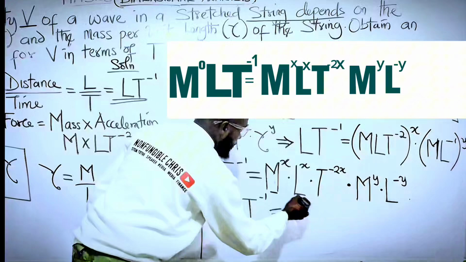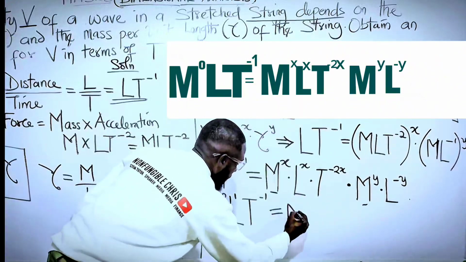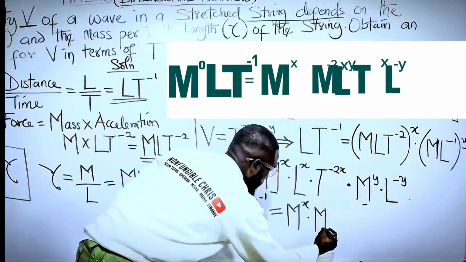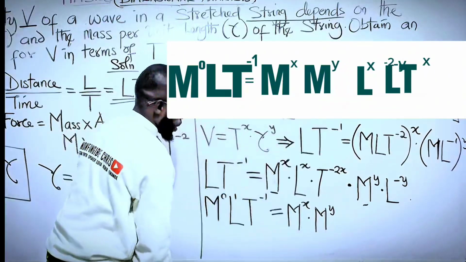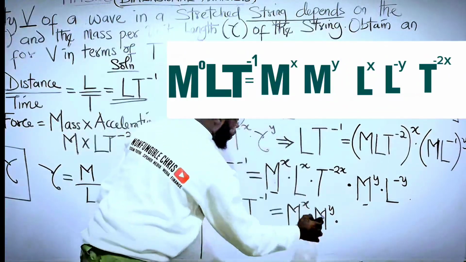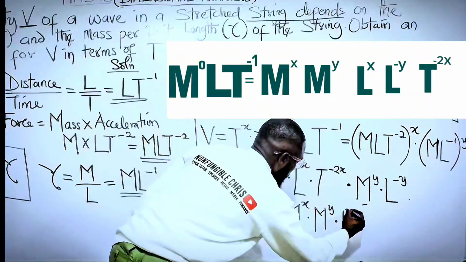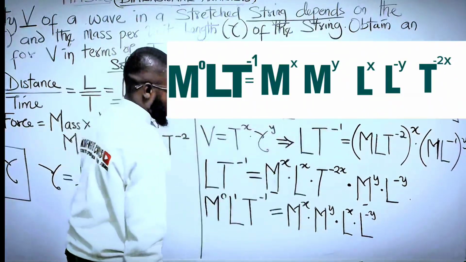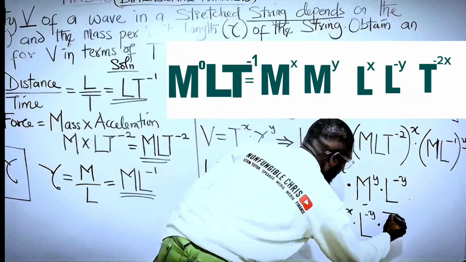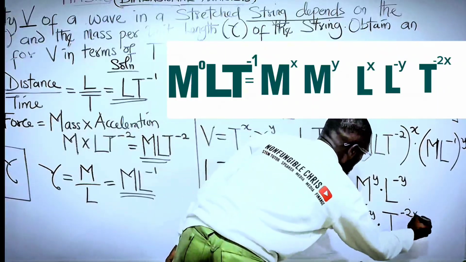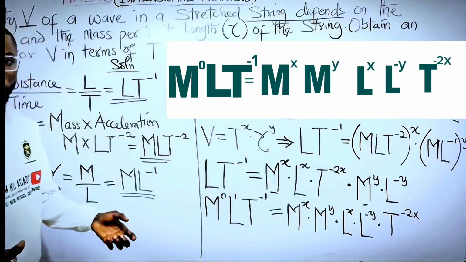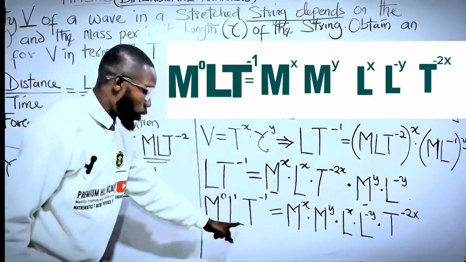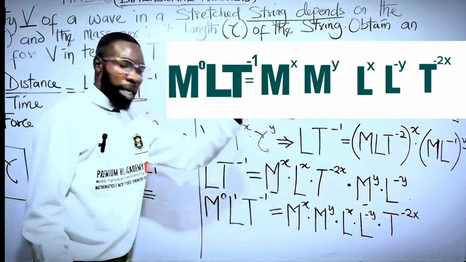If I bring my m, I know I have m raised to power x times m raised to power y. What about the L? I have L raised to power x times L raised to power -y. And then what about my T? I have T raised to power -2x. So I'm going to compare, right? The ones with m, I'll bring m out, the one for L I'll bring it out, and the one for T I'll bring it out.